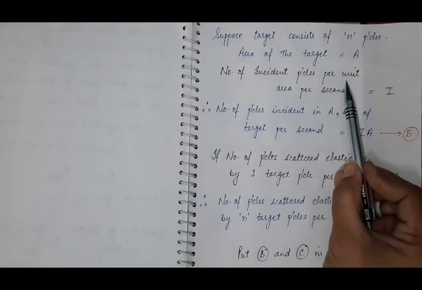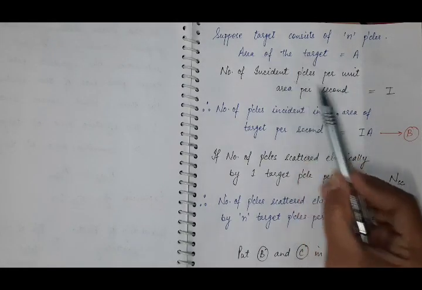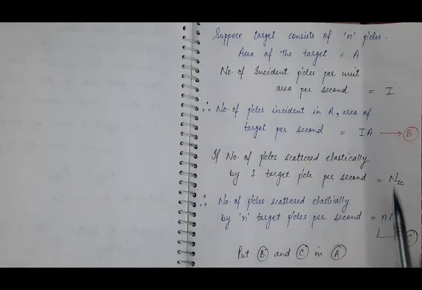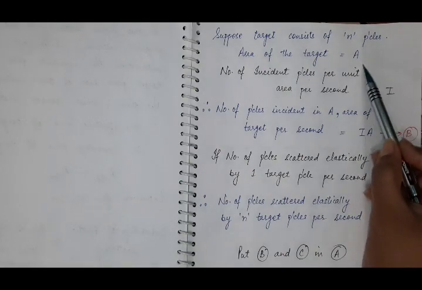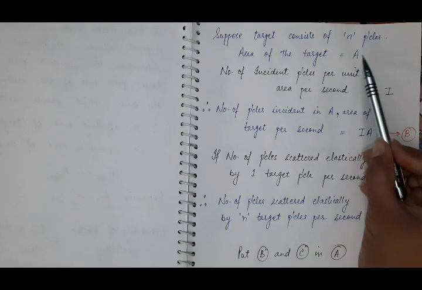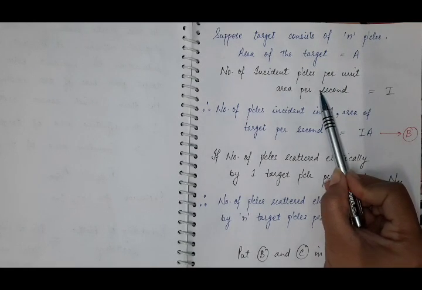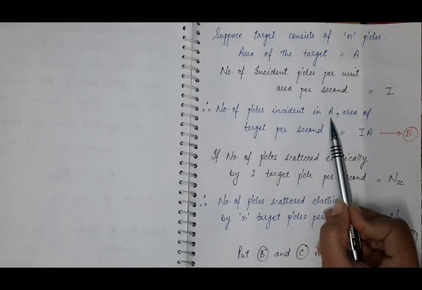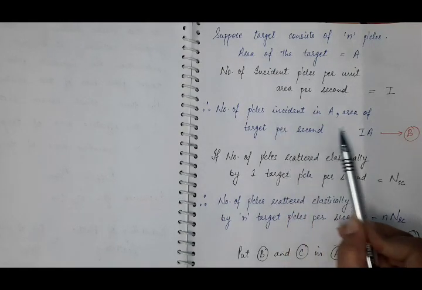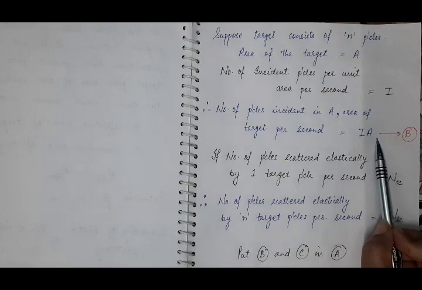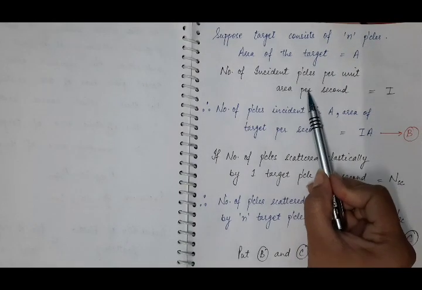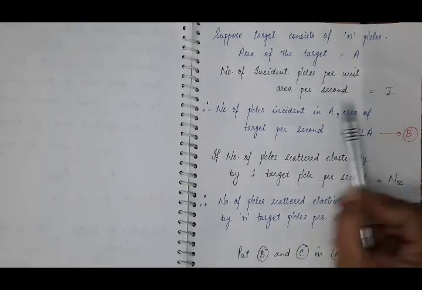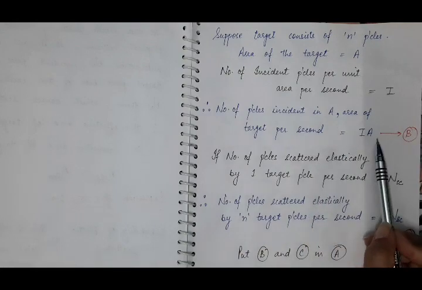If in the unit area of the target the number of incident particles is I, what will be the number of incident particles incident on A area of the target? On unit area, the number of incident particles is I. On A area of the target, the number of incident particles per second will be I into A. It is the same as: cost of 1 pen is ₹5 and cost of 5 pens will be 5 into 5.